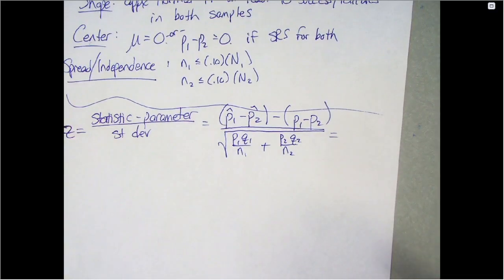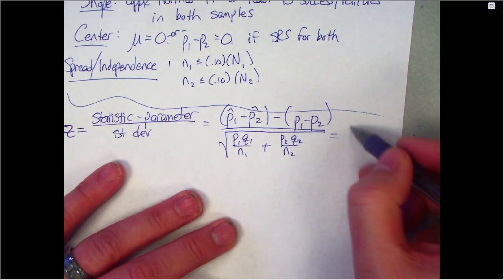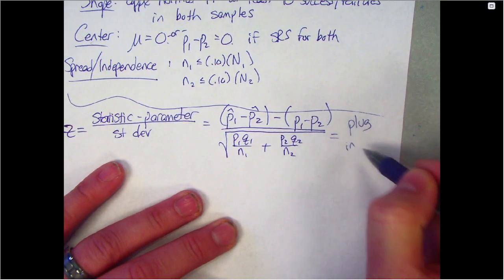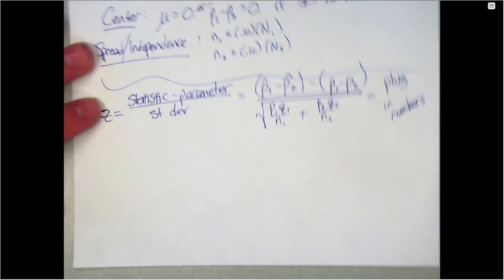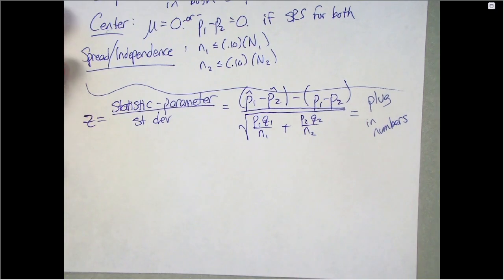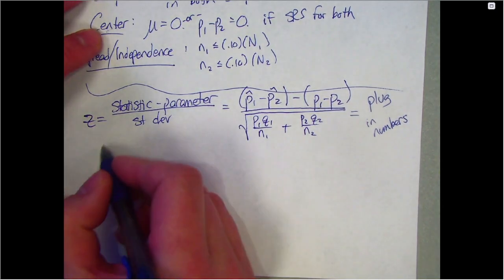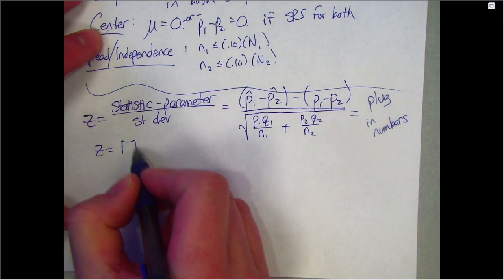I don't really want to put a number sign in all those spots. And then you'll get Z equals, whatever.